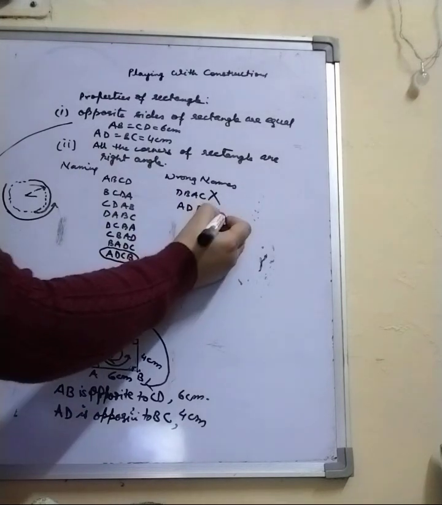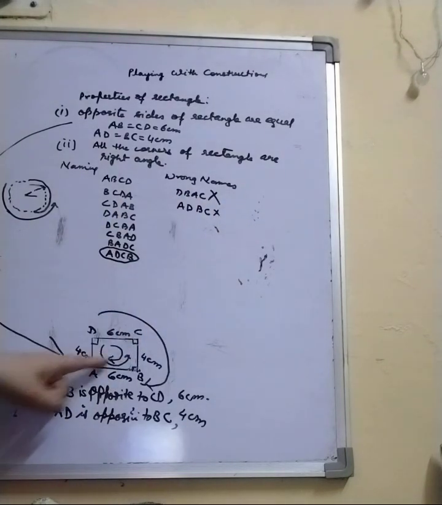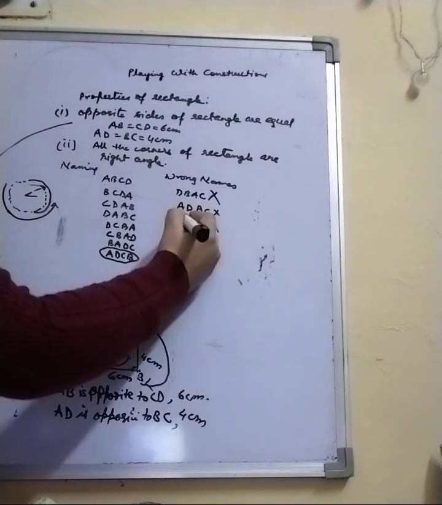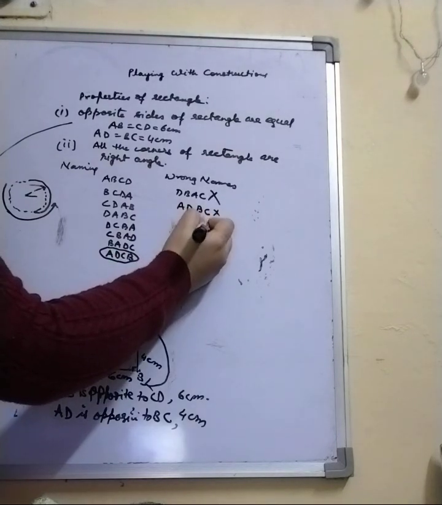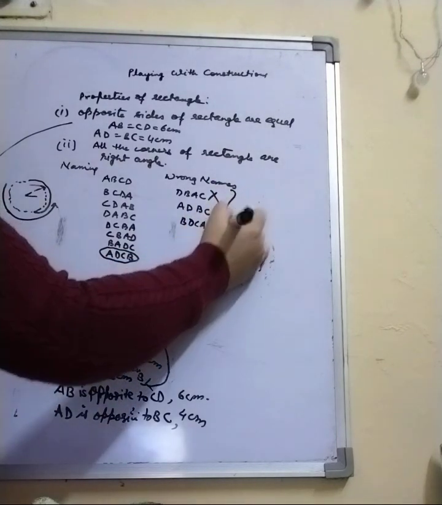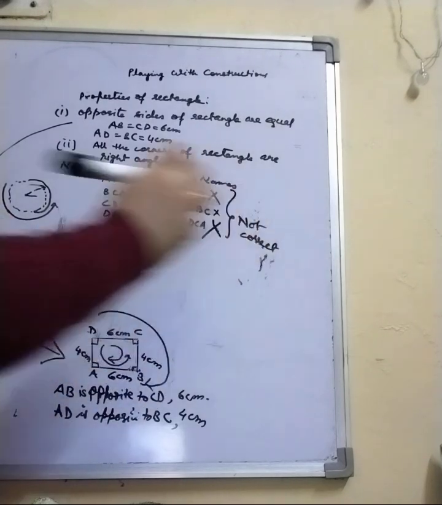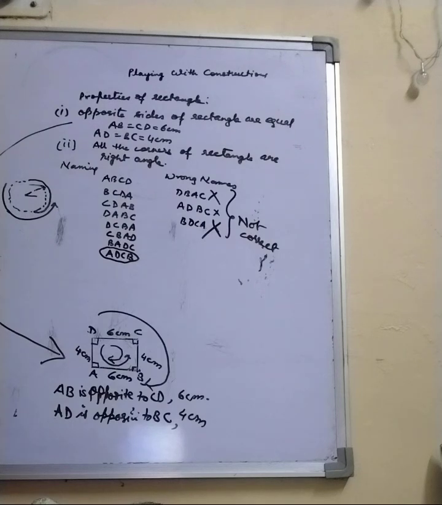Okay, so this you have to keep in mind. Similarly, crossing of points is also not correct. BDCA is not correct. All these three are not correct. So you have to keep in mind this.